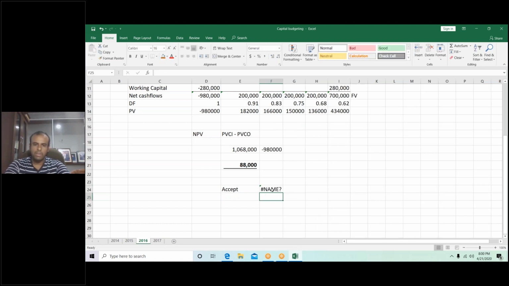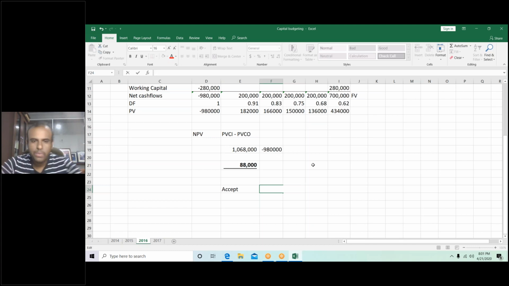As there is a positive NPV. Right. You all can write then: above project should be accepted as there is a positive NPV.